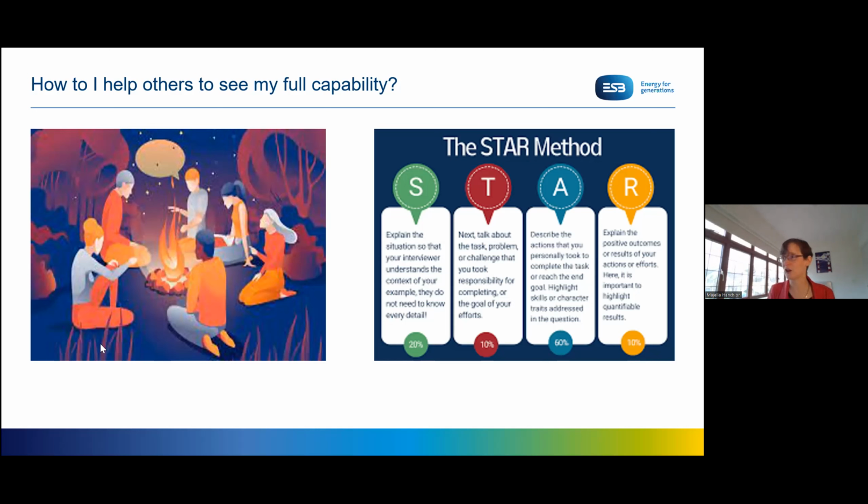And what we look for them to do is to tell that story using the STAR method, where they outline the situation, the task that they were undertaking, all the actions that they did, and what the result of that was. And by the way, we're happy for the result to be, it didn't go brilliantly, but I learned this, and the next time I was doing a project like this, it went better.